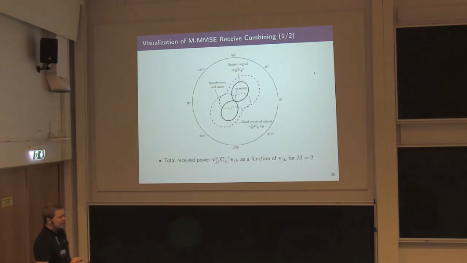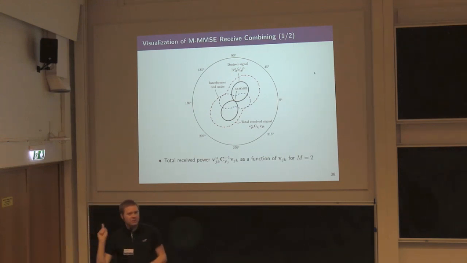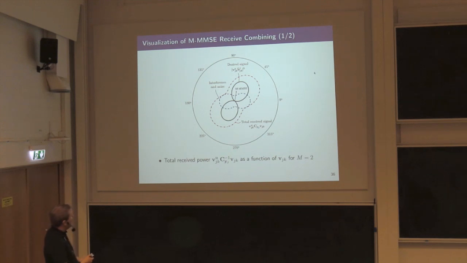In this example, I assume that there are two antennas and we have real valued signals. I can plot it like this. Then I receive a signal and I can select my combining vector as two dimensional and only real valued, so it's only an angle that is important to us. And this angle I'm showing here, 0, 45, 90 degrees, and we move it around like this.